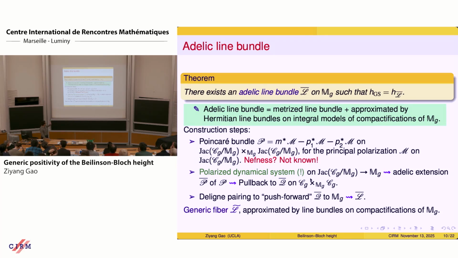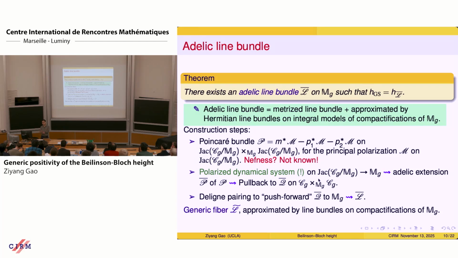And the second step is, on this universal Jacobian, we can extend this line bundle to an adelic line bundle. And this uses heavily the polarized dynamical system. So you have the multiplication by 2 on an abelian variety, and on the family of abelian varieties it is a polarized dynamical system. So this is why our construction is really confined to the Gross-Schoen cycle.